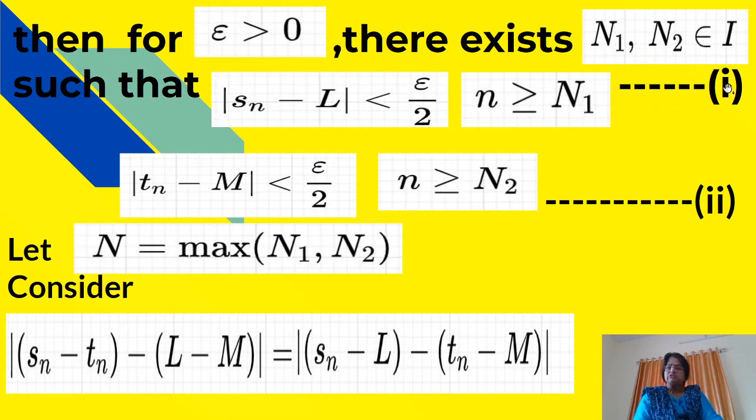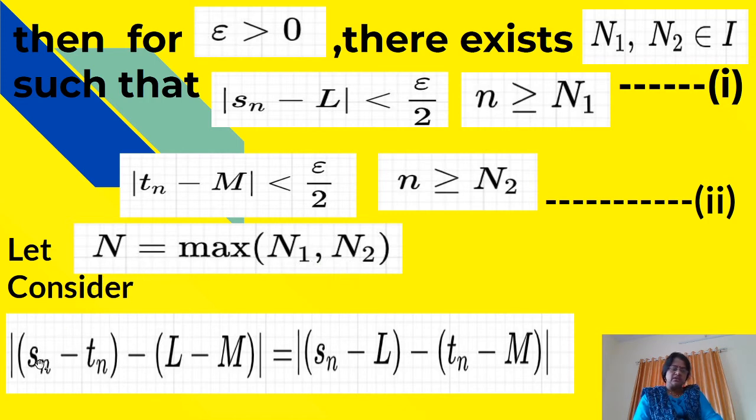Suppose this is our equation number 1. Similarly, modulus of Tn minus m is less than epsilon by 2 for n greater than or equal to n2. Suppose this is our equation number 2. Let N be the maximum of n1 and n2.